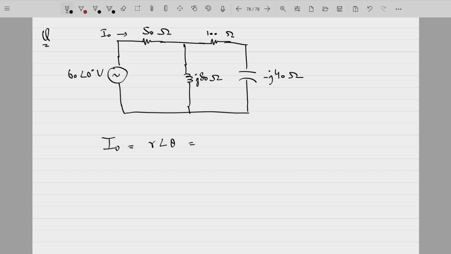What will be the value of this current? 2.16. नहीं नहीं.